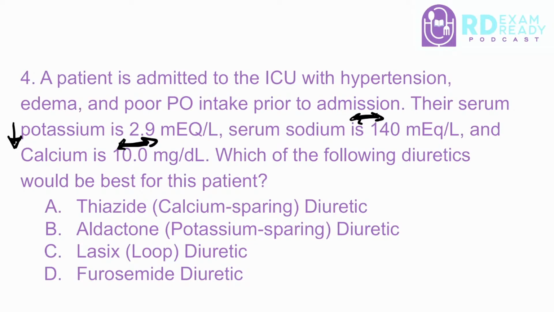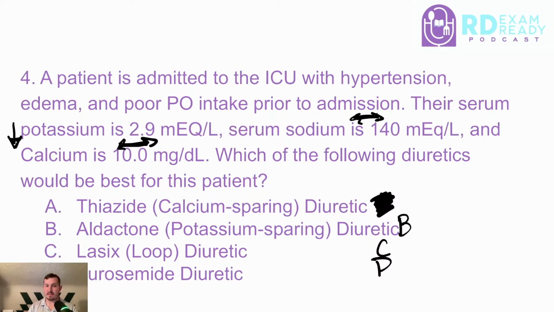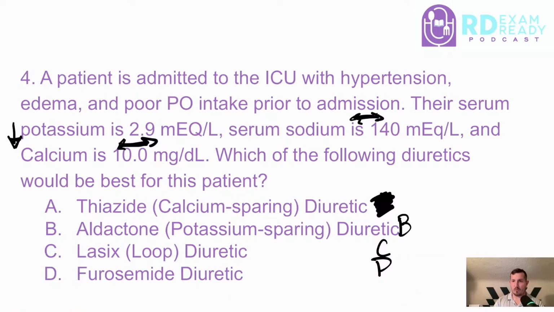So which of the following diuretics would be best? All right, well, they have low potassium. So a thiazide diuretic, a calcium sparing diuretic, would not be a good fit. If they had low calcium, then I'm in. But because they don't have low calcium, I'm not so concerned there. Then Aldactone, or spironolactone as it might also be known.